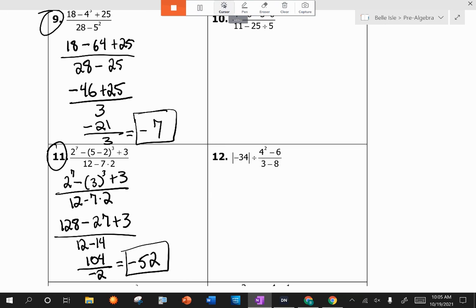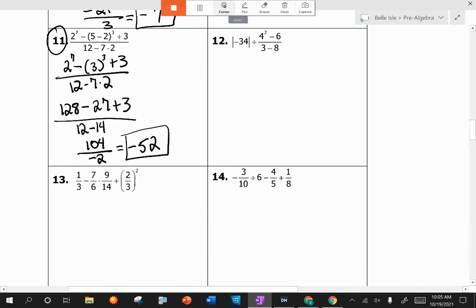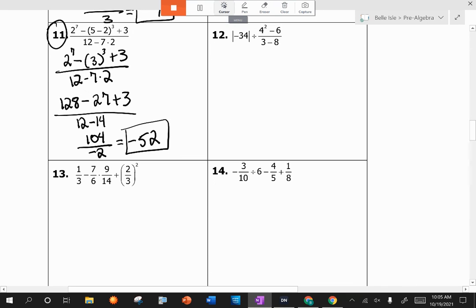Is everybody good with 9 up here? Okay. I'm going to move it. I'll keep 11 up there and work on 14.